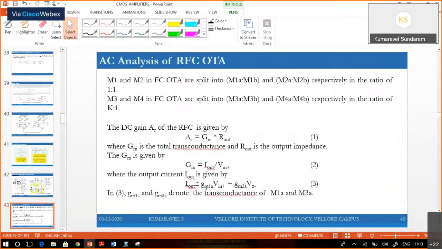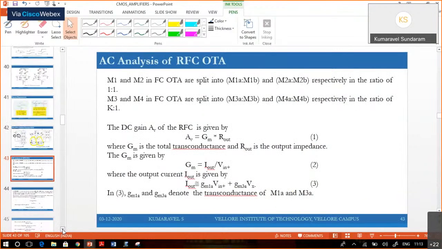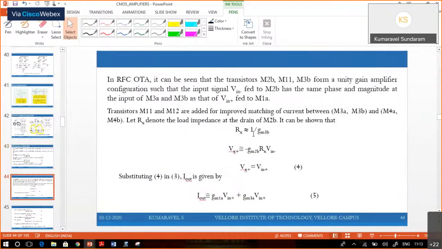So you can write I out as GM1A Vin plus GM3A Vx minus. What is this Vx minus? It also should be Vn plus. How is this Vx obtained? Rx equals 1 by Gm3, and Vx plus equals Gm2B Rx Vn.